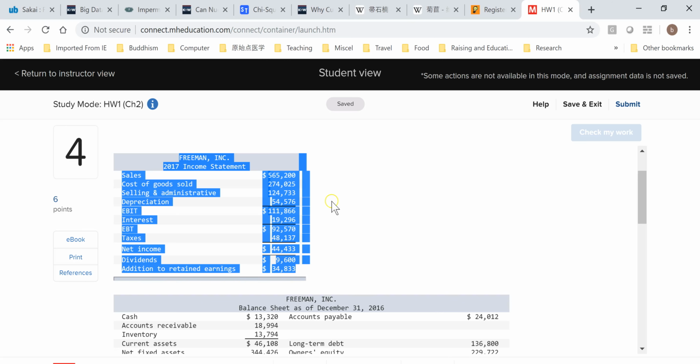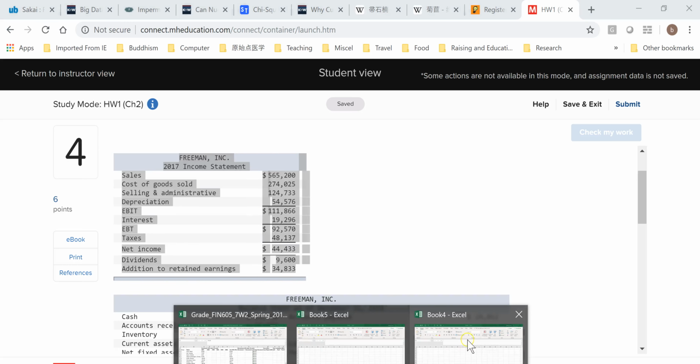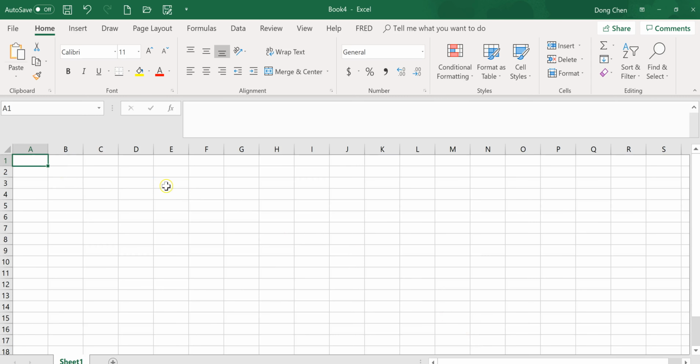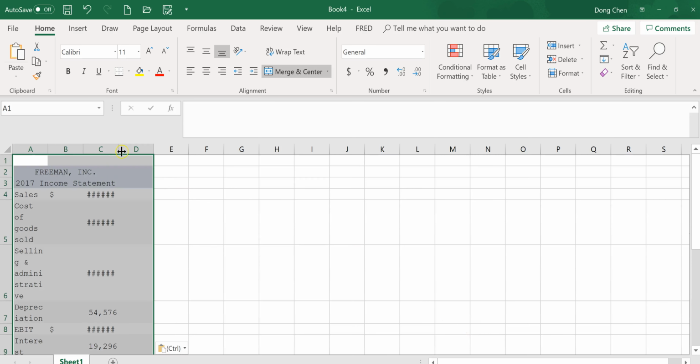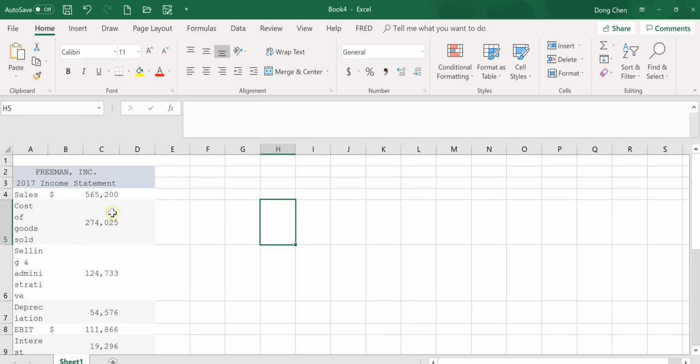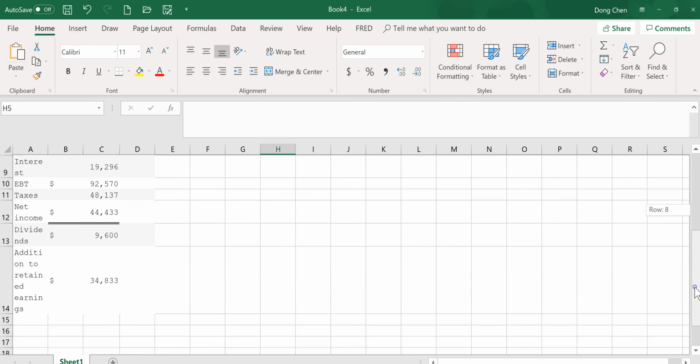One thing which is good about using Excel is that you can actually copy this table directly to Excel, so you don't have to type it yourself. And see that now the numbers are in this table.